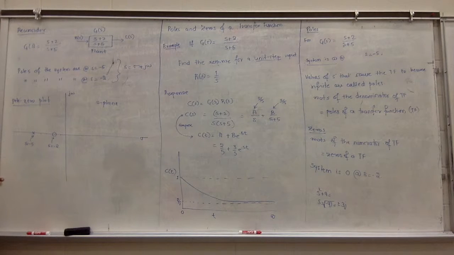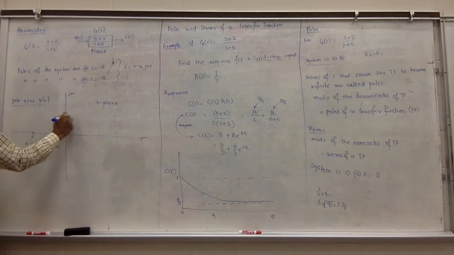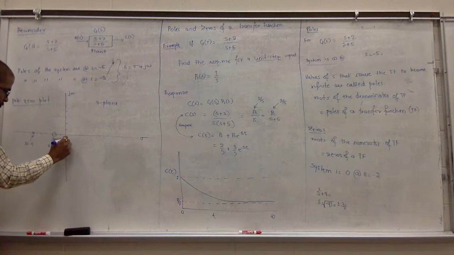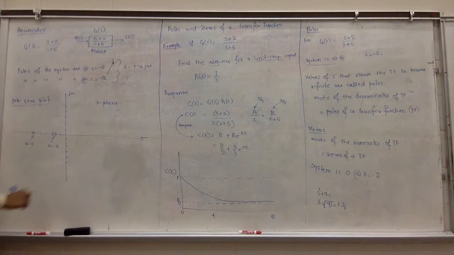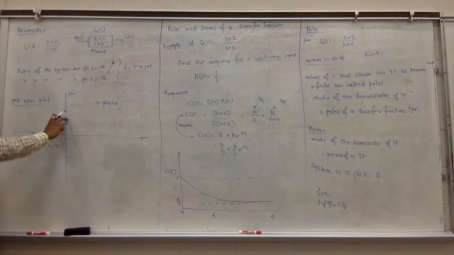Given any roots, how would you plot plus or minus 3j? That would be on the j axis. So you have 1, 2, 3, 4, 5, 1, 2, 3, 4, 5. Plus 3j would be here, minus 3j would be here.